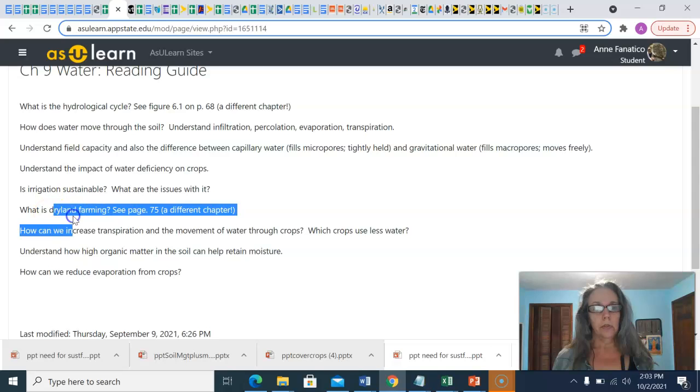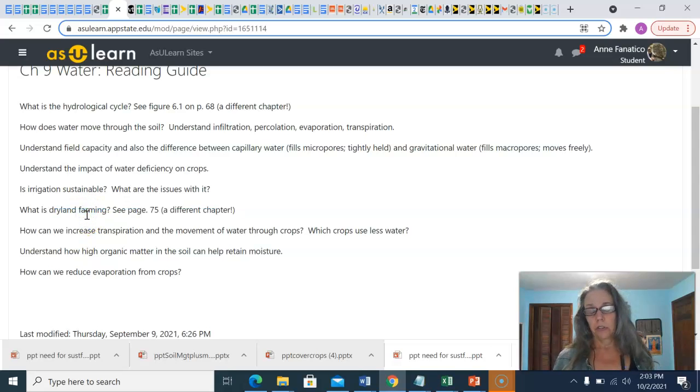So we looked at options for dryland farming, and there was page 75 from a different chapter that you were responsible for, and it's also covered in the mini lecture. It's very interesting to look at how we raise crops in areas that are actually arid or semi-arid, and it does mean farming in a way that stores the water in the soil, and you're not trying to collect rainfall and store it in a cistern because it would evaporate, but ways to store it in the soil and actually grow crops with stored water.